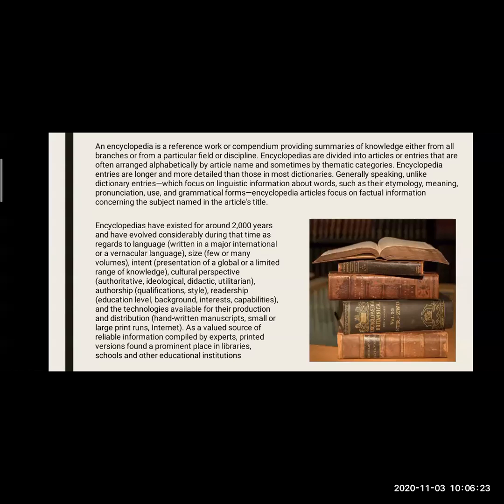as regards language, meaning it's written in major international languages like German, French, Chinese, and vernacular languages as well, like Hindi, Tamil, Bengali, Gujarati. As for size, some encyclopedias are in volumes also, like volume one, volume two, three, and series going on.